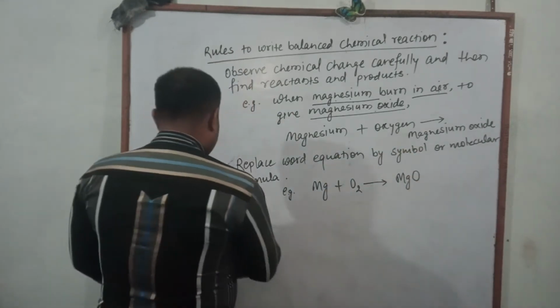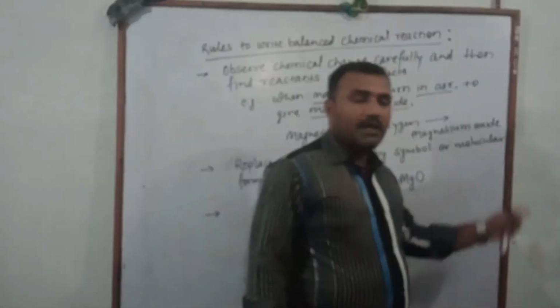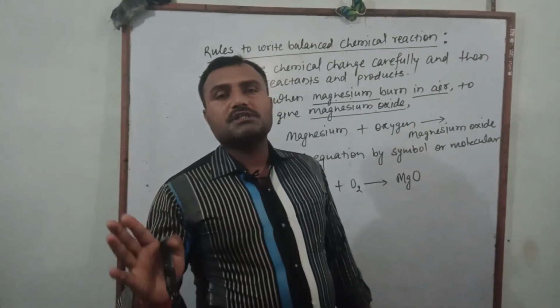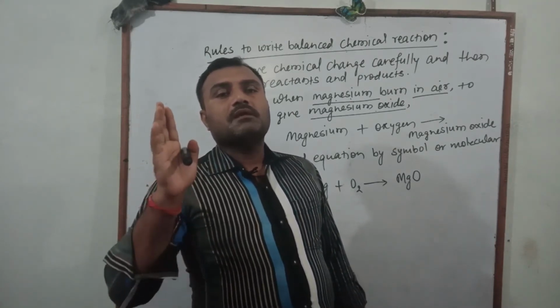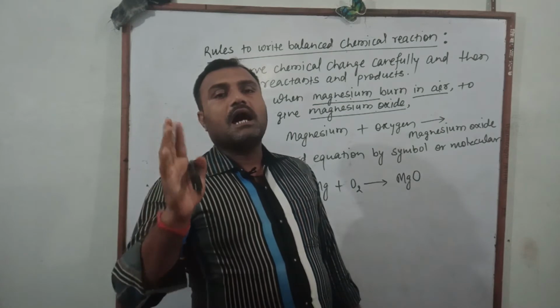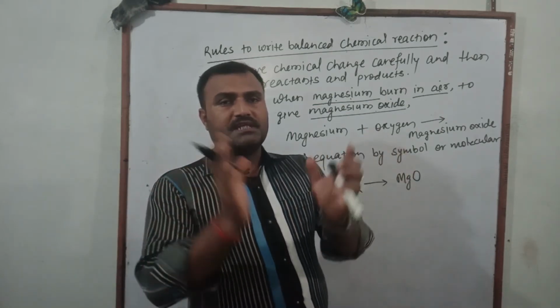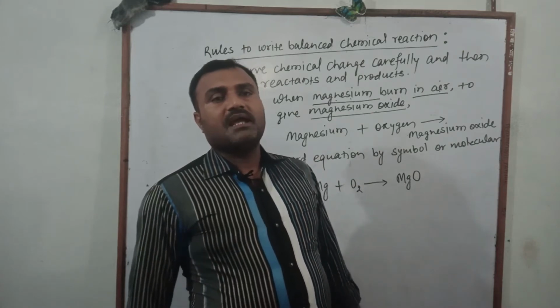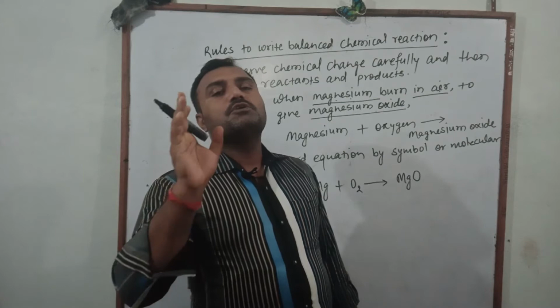After that, while writing symbols or molecular formulas, we should focus on some points. Some substances are elemental, which means they are made up of the same kind of element, and these molecules contain two atoms.